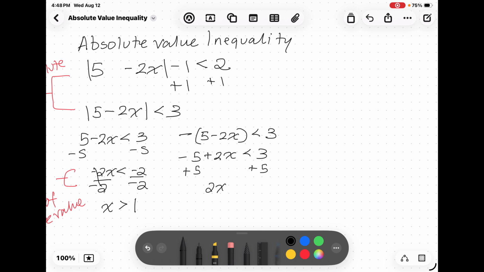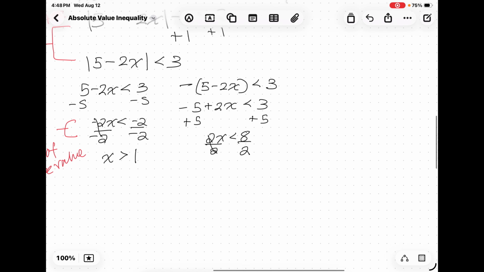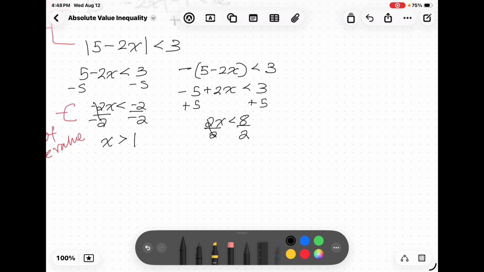So I'll have 2x is less than 8, divided by 2, divided by 2. And that's x is less than 4.